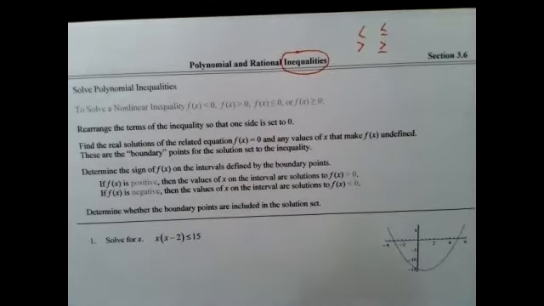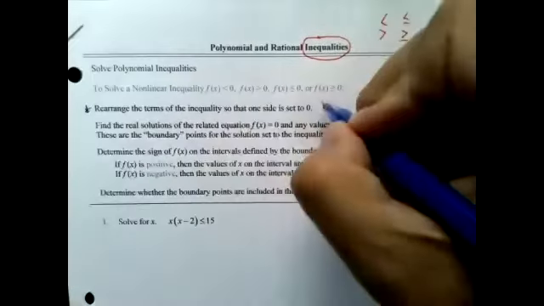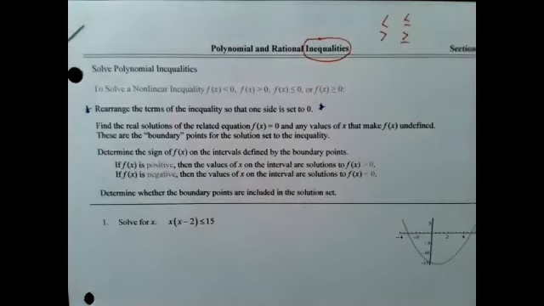It says, rearrange the terms of the inequality so that one side is set to 0. Big asterisk. Start out by getting it equal to 0. That's huge. Then we want to find these boundary points, okay? I used to call them hot spots when I first started teaching, because something's happening at those points.